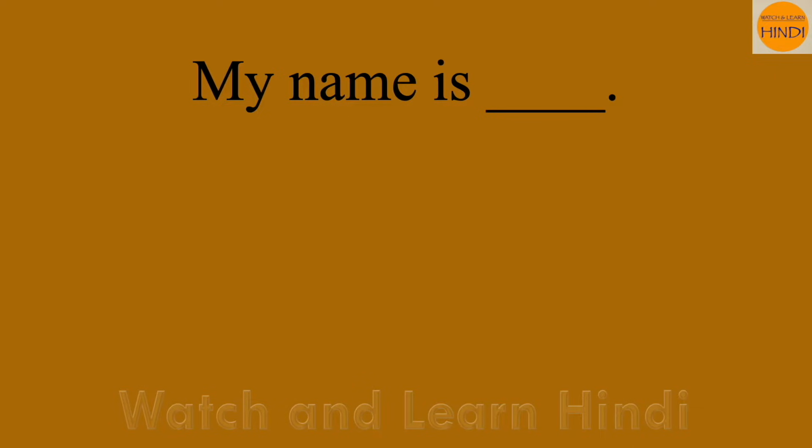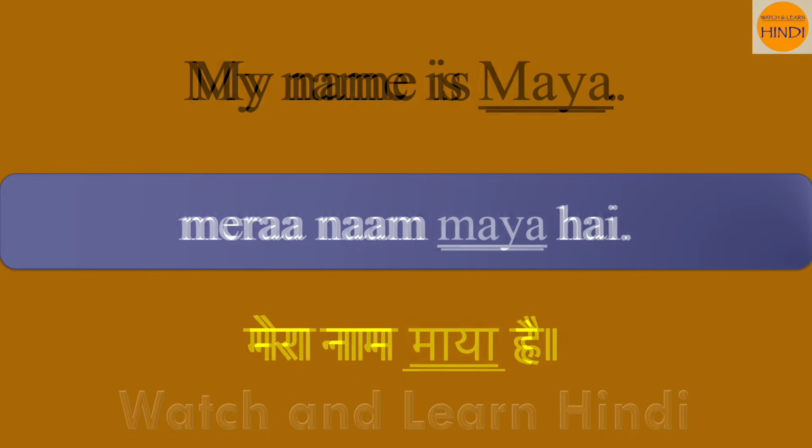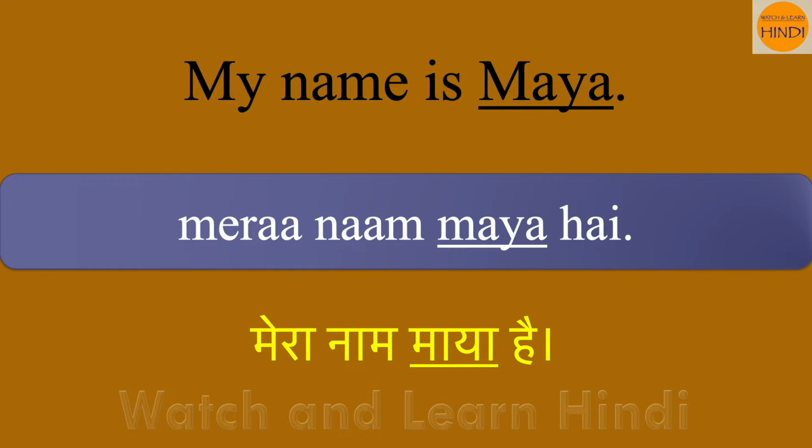My name is, and then you put your name. In Hindi, you will say it, Mera naam, your name, hai. Here, Mera is my and naam is name. So, if your name is, let's say, Maya, you will say, in English, my name is Maya.